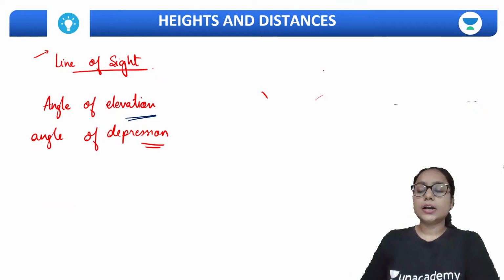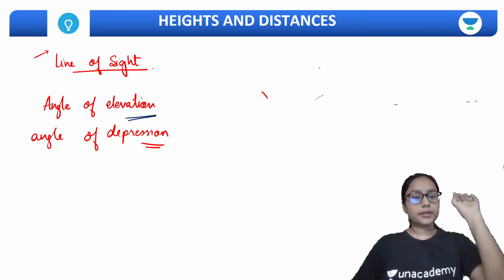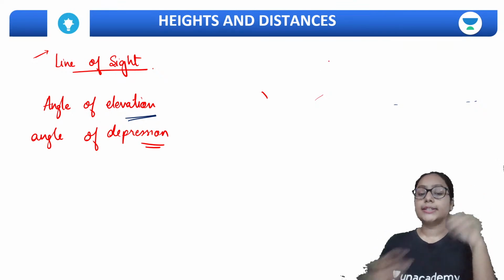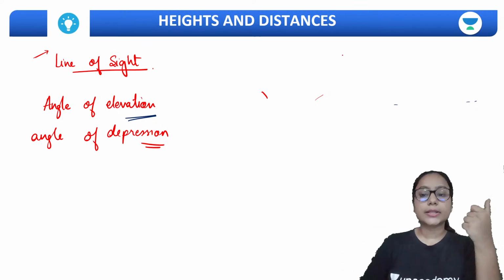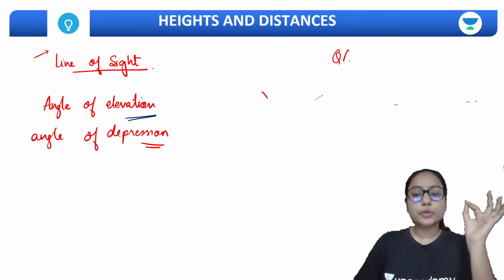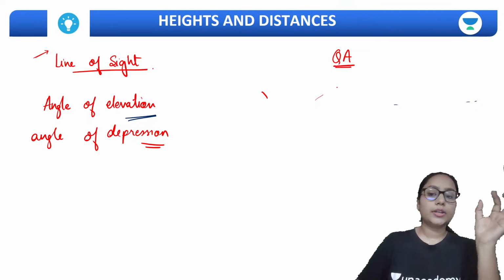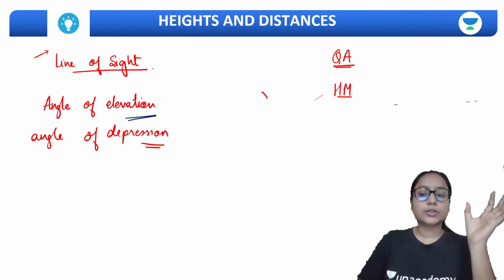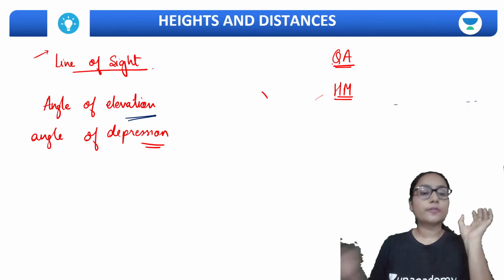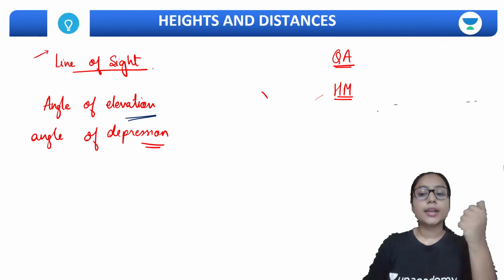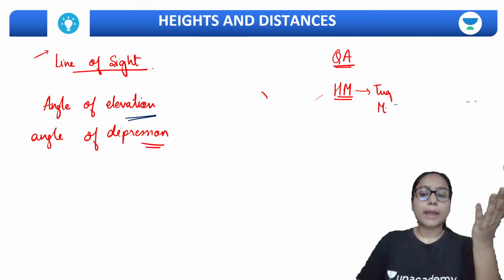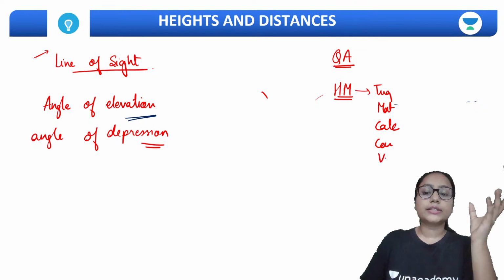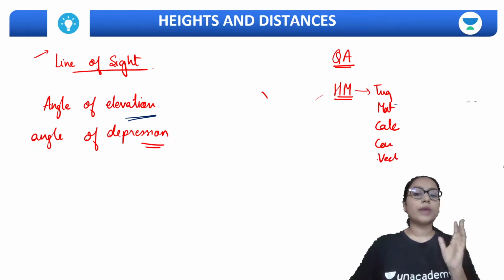In the very first session, when I discussed the syllabus in detail, we discussed two sections: quantitative aptitude and higher mathematics. Higher mathematics is also part of quantitative aptitude only. In higher mathematics, you have trigonometry, matrices, calculus, complex numbers, and vectors.